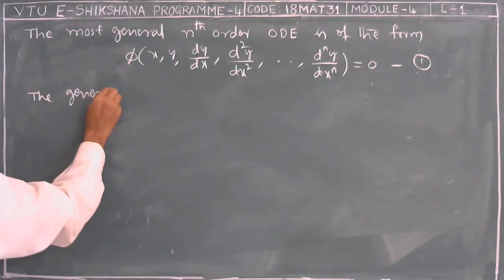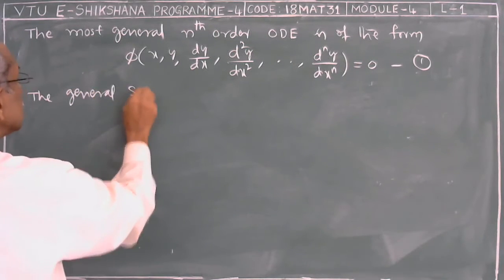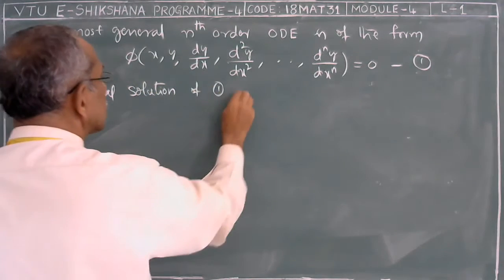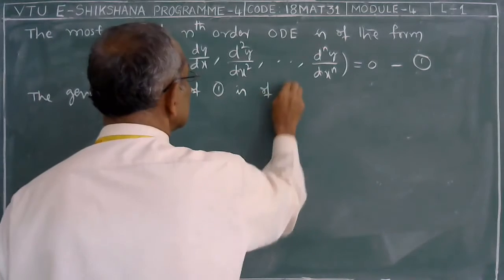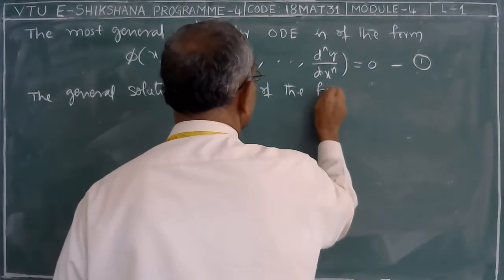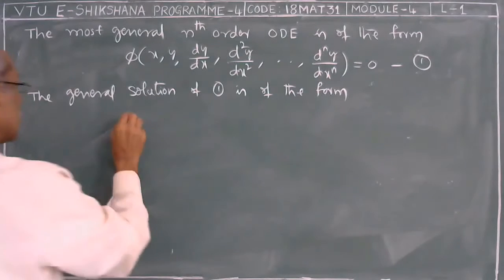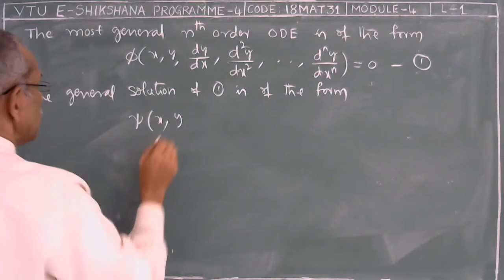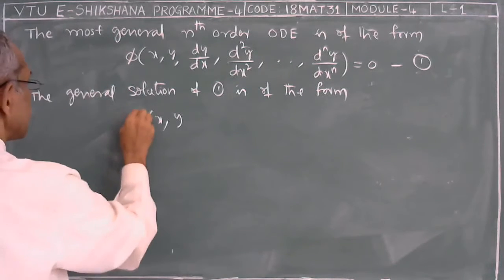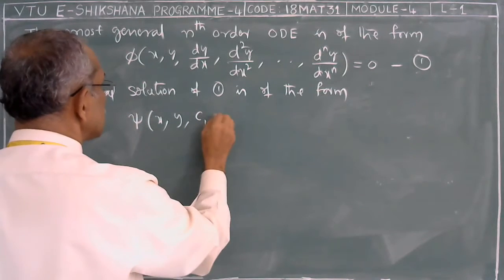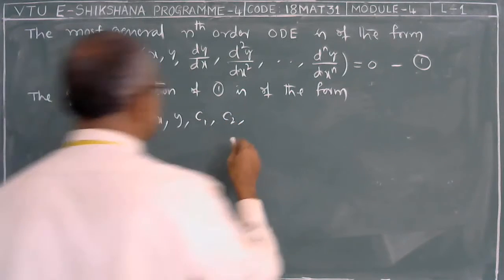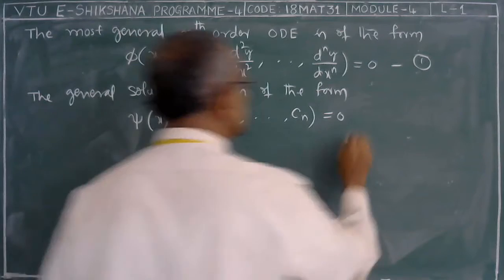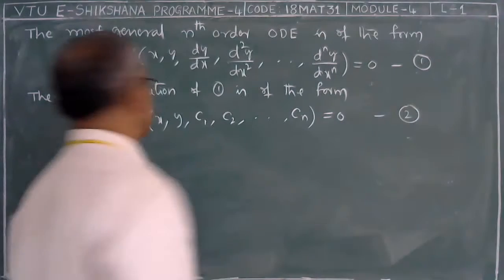The general solution of 1 is of the form psi of x, y, c1, c2, etc., cn equal to 0.